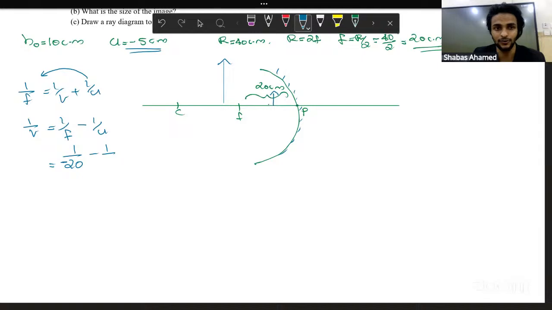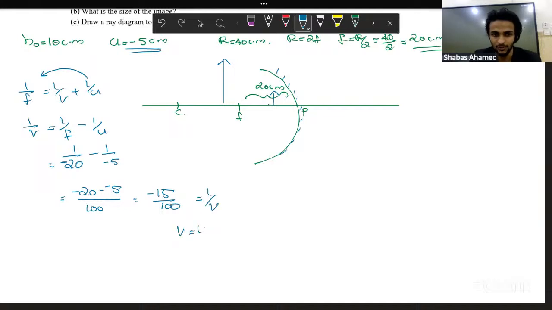Minus 1 by u, u is negative 5, right? So substituting here, you get minus 20 minus 5 divided by, it will be 100. Minus 20 into 5 will be 100. So that is equal to minus 15 divided by 100, this is equal to 1 by v.